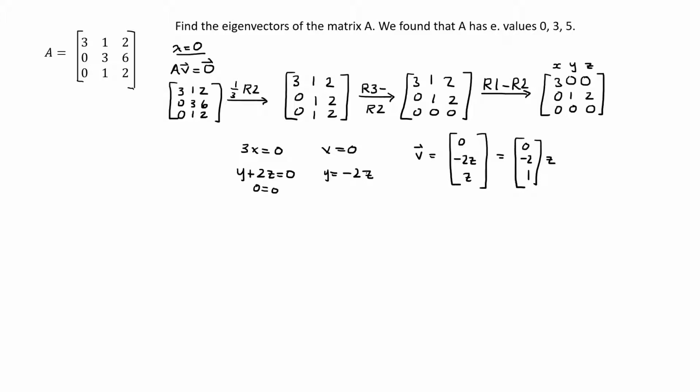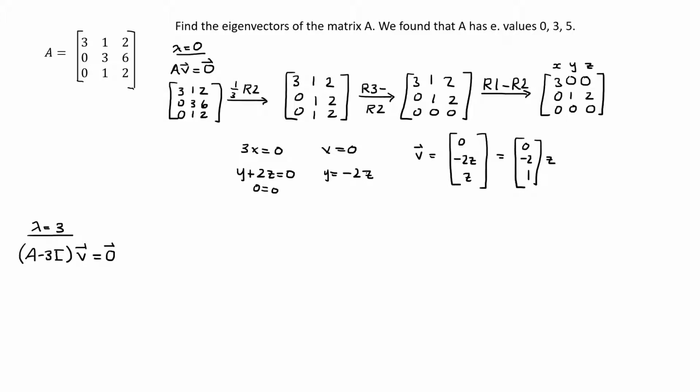All right, next lambda equals 3. I'm going to calculate A minus 3I, and then I will row reduce it to find solutions to A minus 3I times v equals 0.